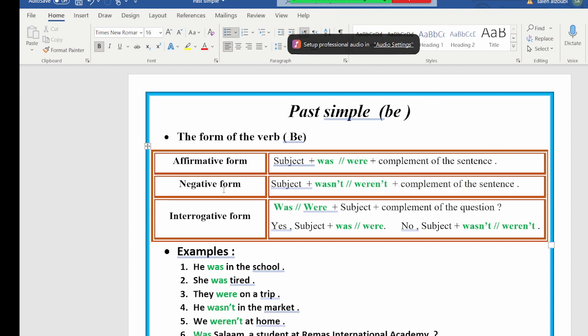Move to the negative form. We start with subject plus wasn't or weren't.